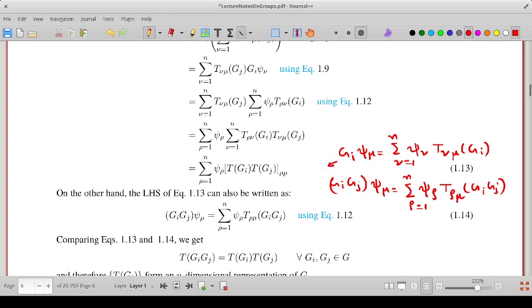So from this I have Gi Gj acting on psi mu given by the sum over rho running from 1 to n of psi rho, then T rho mu of Gi Gj.